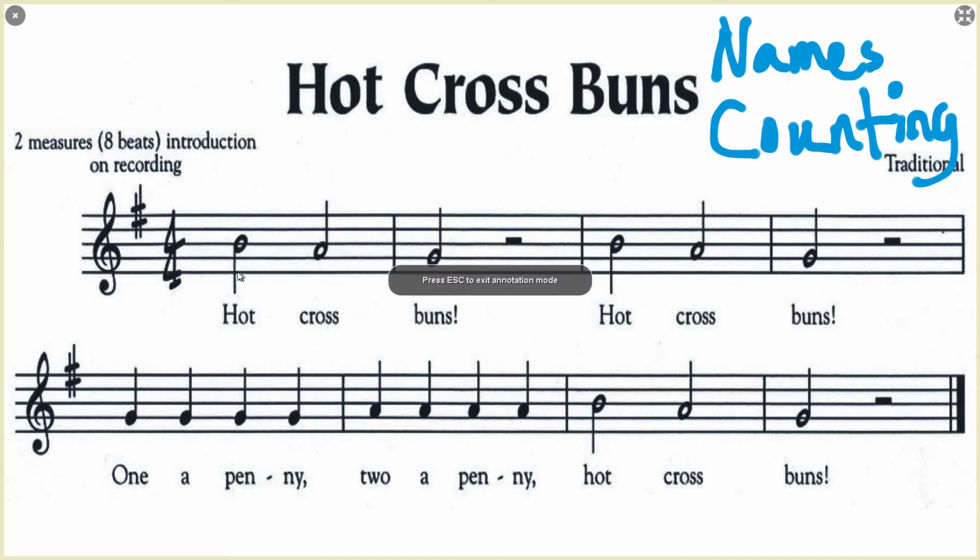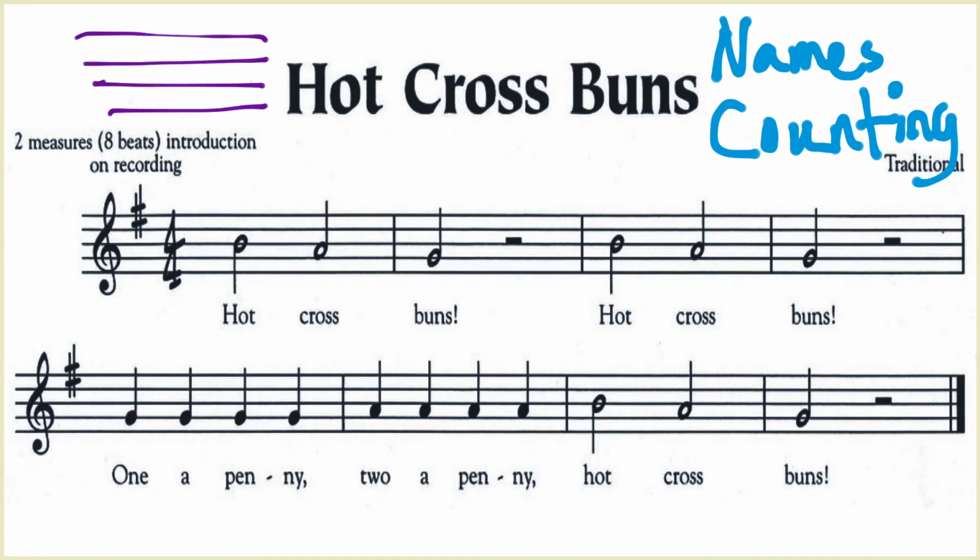Okay, so our third line. Let's create our own little staff here. 1, 2, 3, 4, 5. Let's put in our note names on our staff: E, G, B, D, F. I'll fix my B. There we go.